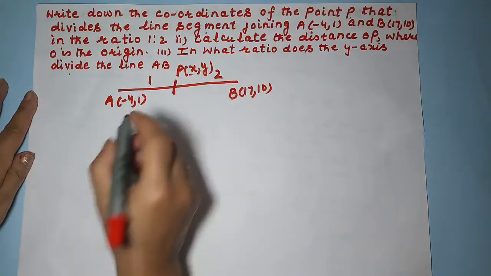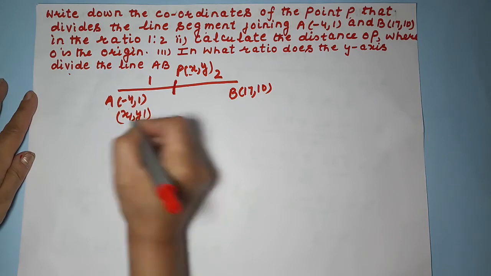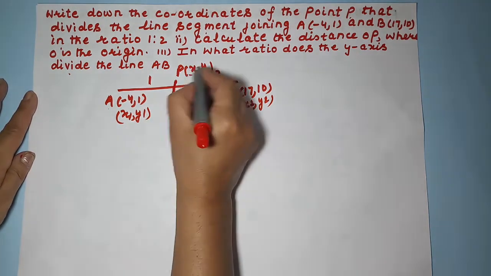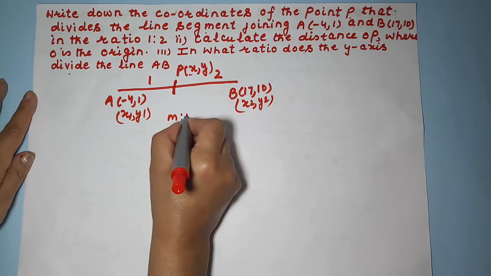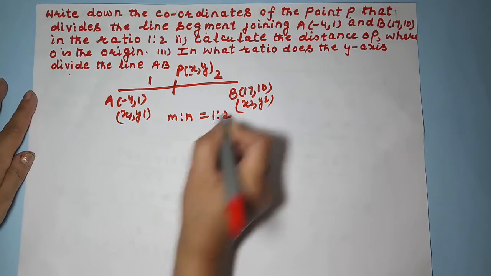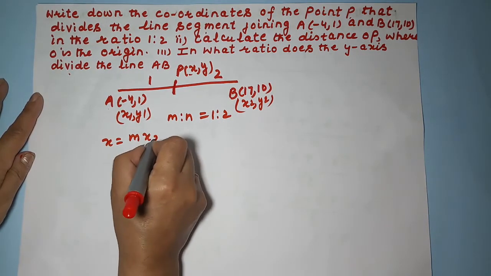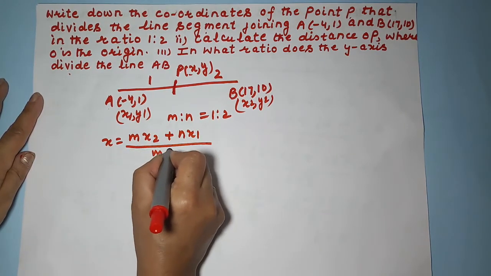Now we have everything. This is my x1, this is my y1, this is my x2 and this is my y2. And this is my x and y. Now I know that m is to n is 1 is to 2. So x coordinate is equal to mx2 plus nx1 upon m plus n.